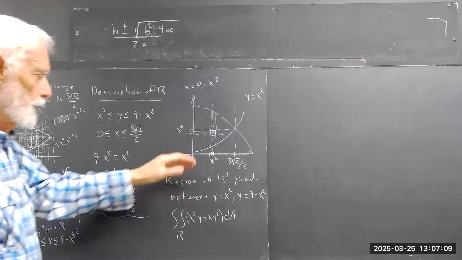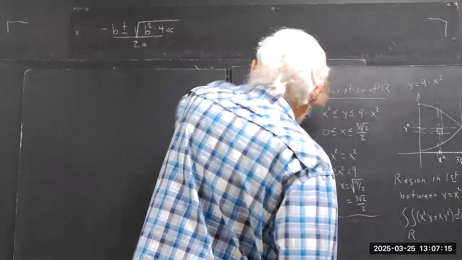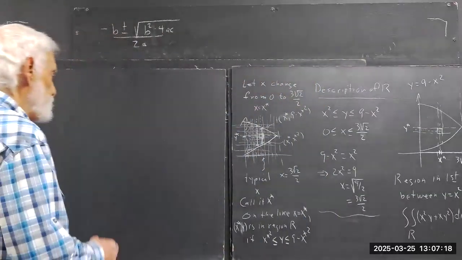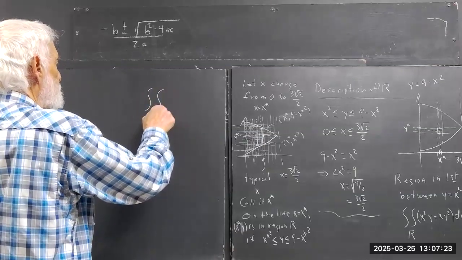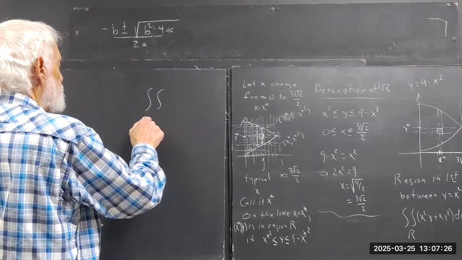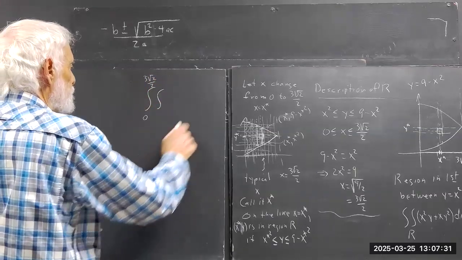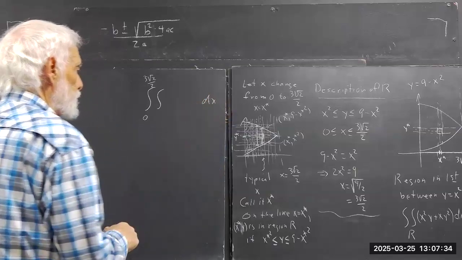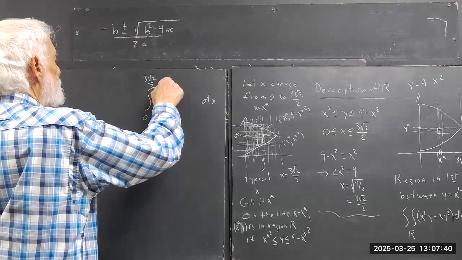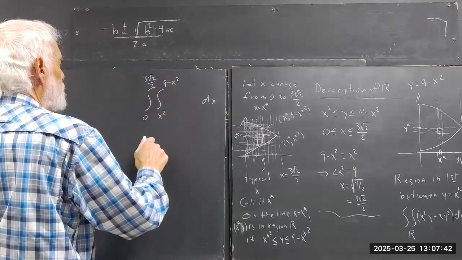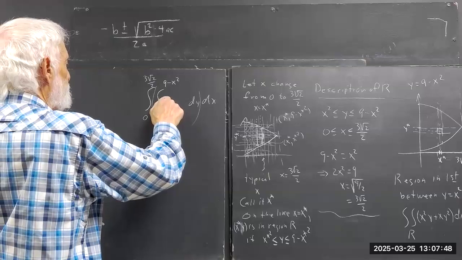Now I'm going to cut to the chase here, and then I'm going to go back and blend the rigorous details. It turns out the limits on my integral are 0 to 3 square root of 2 over 2 in this case, with respect to x, and from x squared to 9 minus x squared with respect to y.